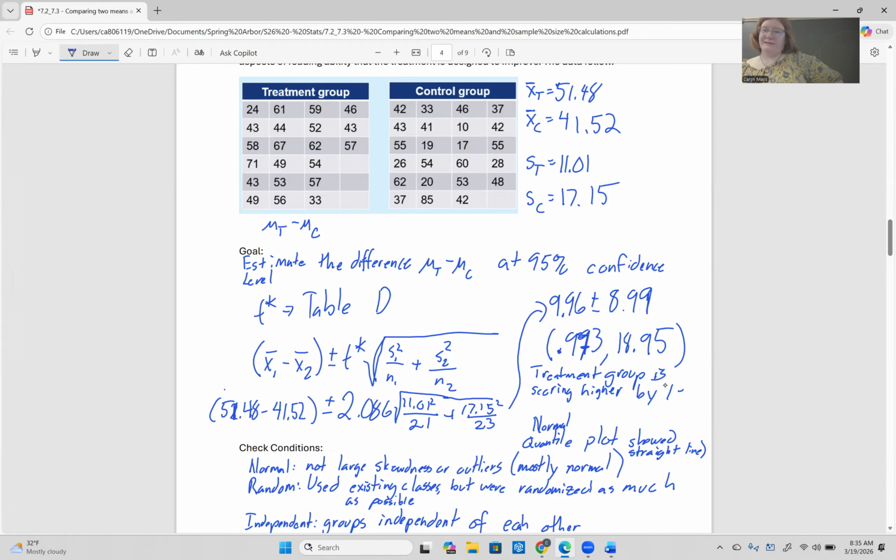Just boxing that off so things don't start to run together. So if we were to run a hypothesis test and a t-test, we would find that there is a difference. The treatment group is scoring better.